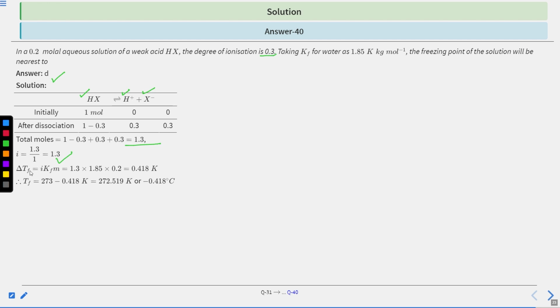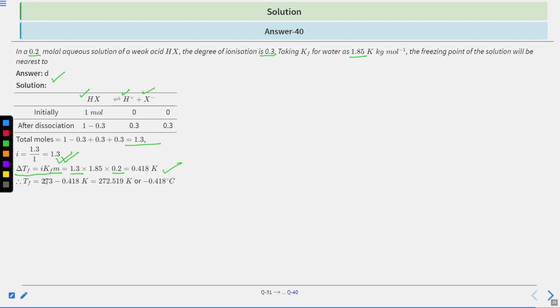And we know the relation that delta Tf, the depression in freezing point, equals i, the Van't Hoff factor, into Kf into molality. On putting the values, i we have calculated as 1.3, multiplied by Kf, which is given as 1.85, and molality, which is 0.2, that comes out as 0.418 Kelvin. So delta Tf is Tf naught minus Tf.